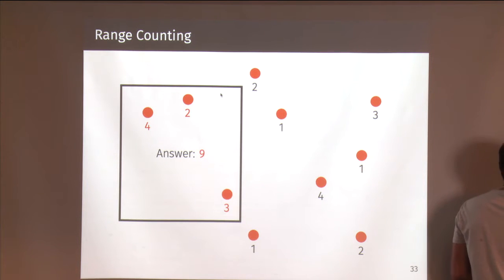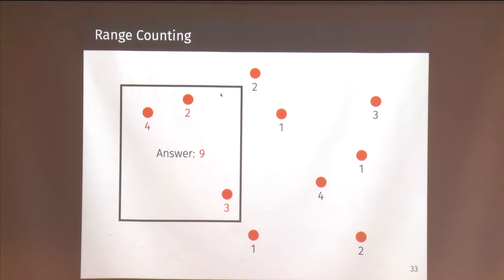I can just define the following incidence matrix for this problem. For this x, I define a matrix which has rows 1 to the number of ranges, usually denoted by m, and a column for every point x. And I put 0 or 1 here depending on whether this point belongs to this range or not.